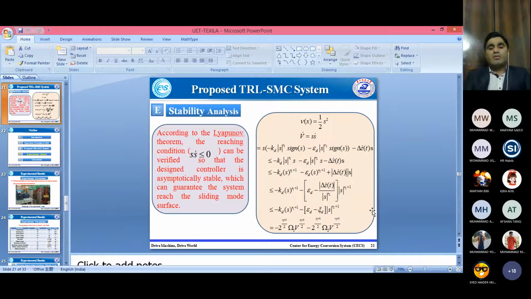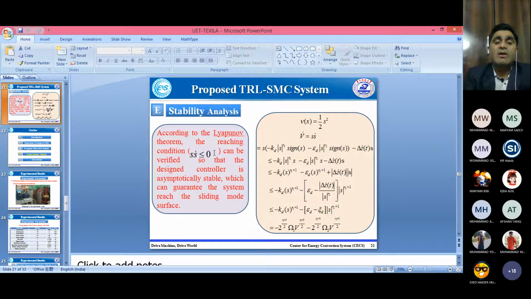For the control system, it is important to analyze it by using stability functions. For slide mode control, we have the Lyapunov theorem to check whether what we have designed is stable or not. According to the Lyapunov theorem, the reaching condition must be satisfied.